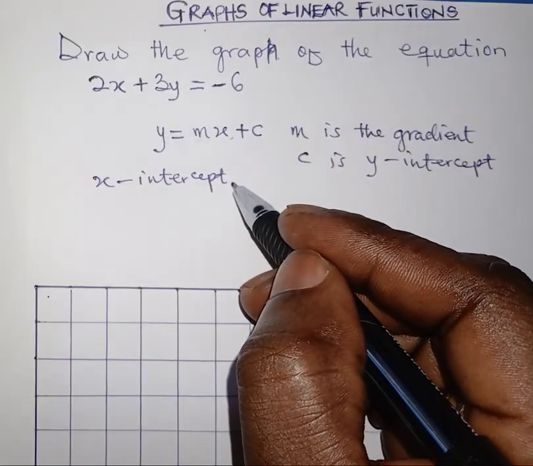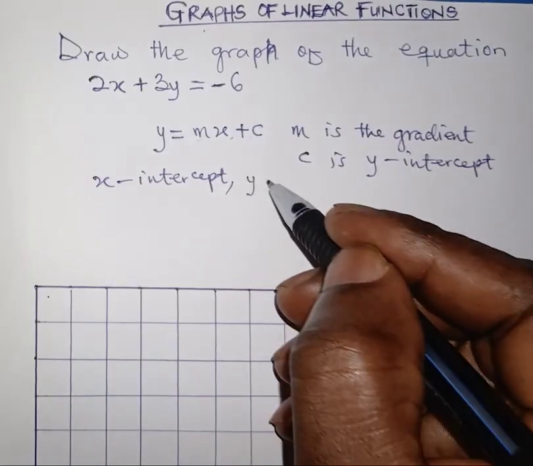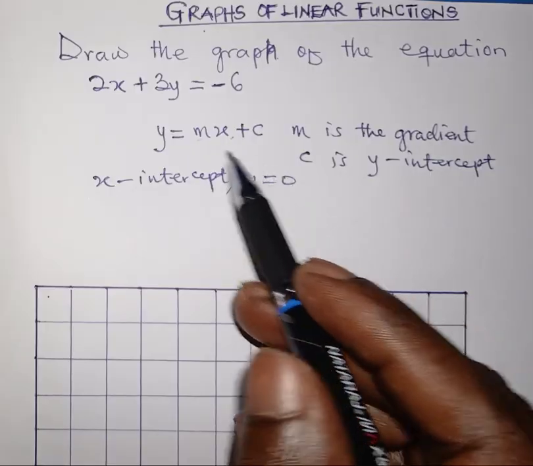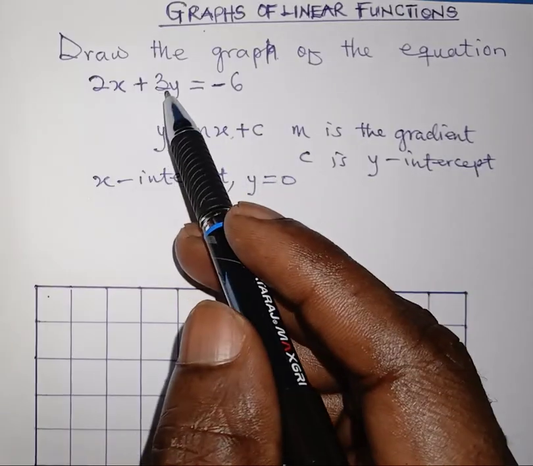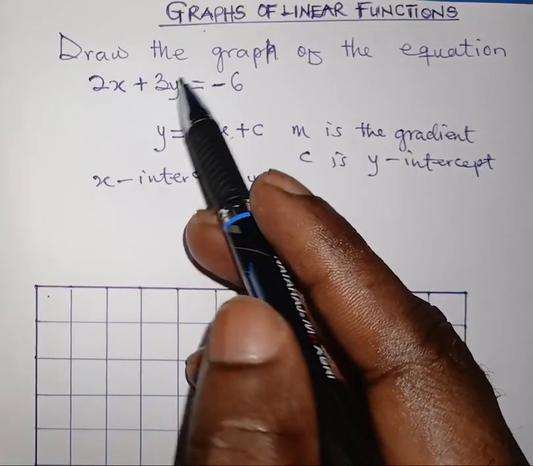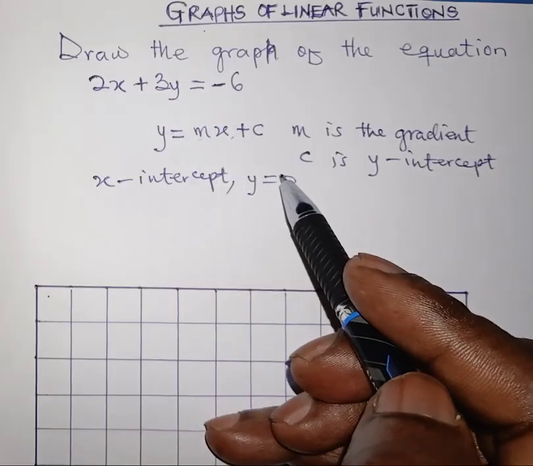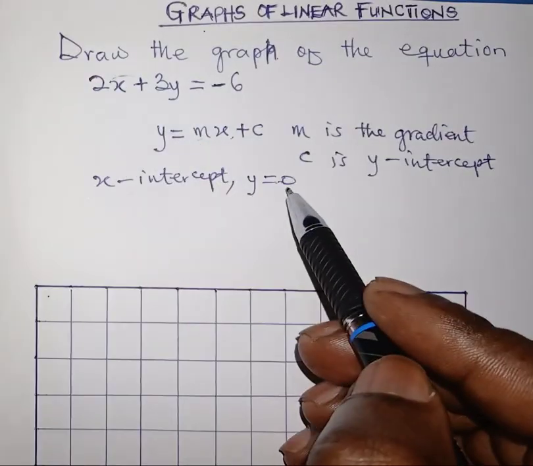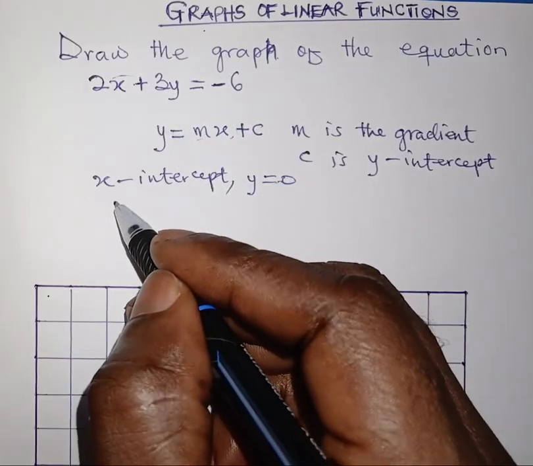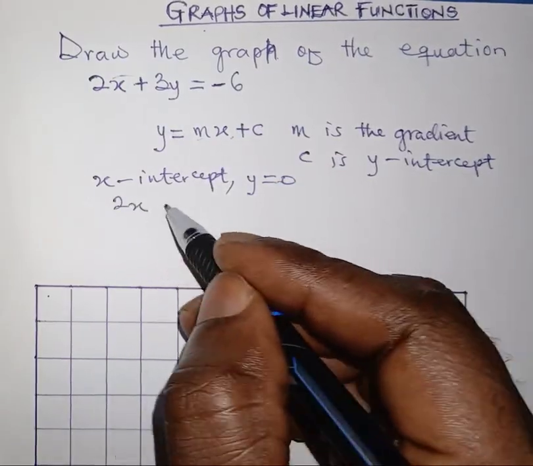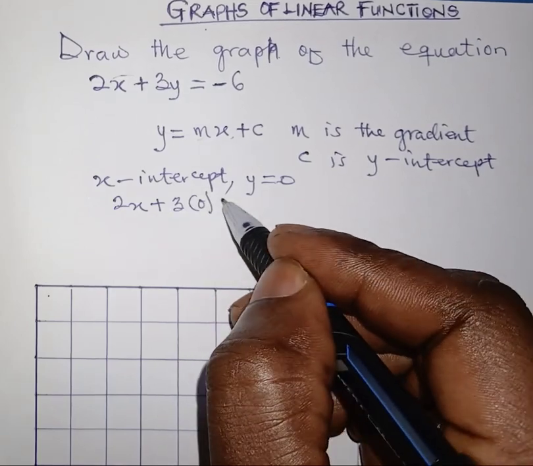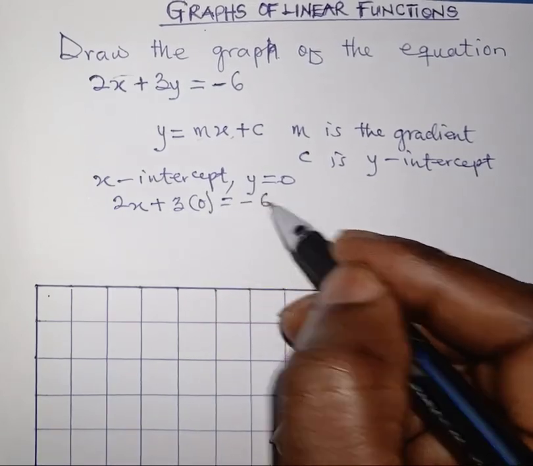To find the x intercept, y must be equal to 0, meaning that you put 0 into the equation for y. Whatever you see y, you put 0 there, then you get the x intercept. So if I substitute 0 for y, I write 2x plus 3 multiplying 0, which is equal to -6.